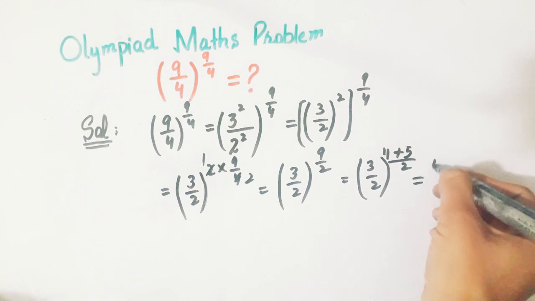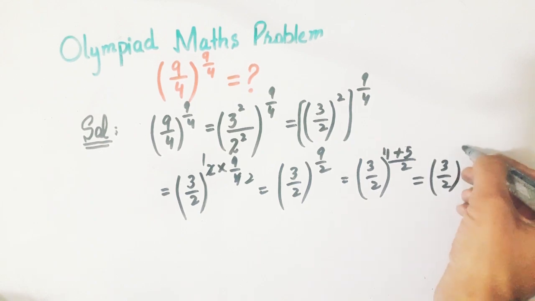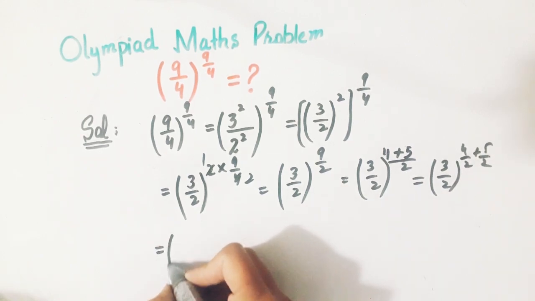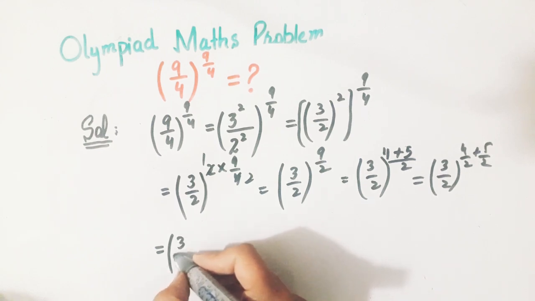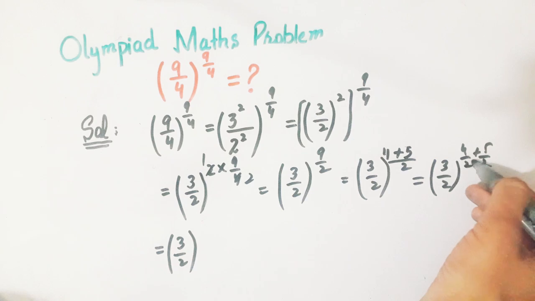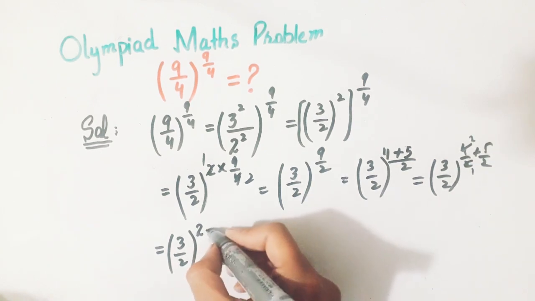Simplifying more, it becomes (3/2) to the power 4/2 plus 5/2. Then in the next step, 2 ones are 2, 2 twos are 4, so it is 2 plus 5/2.